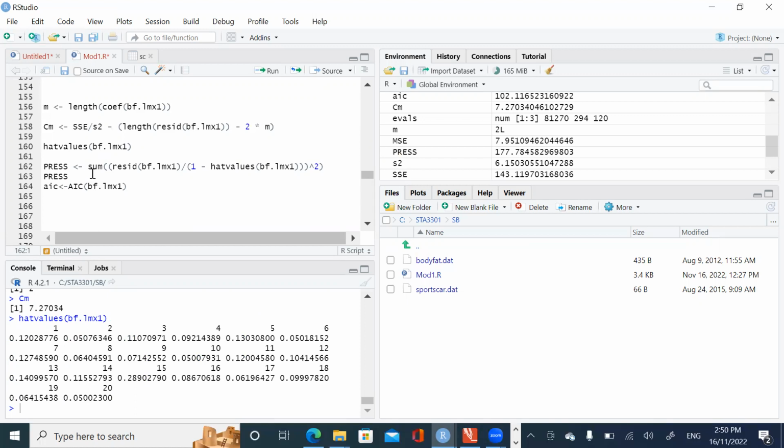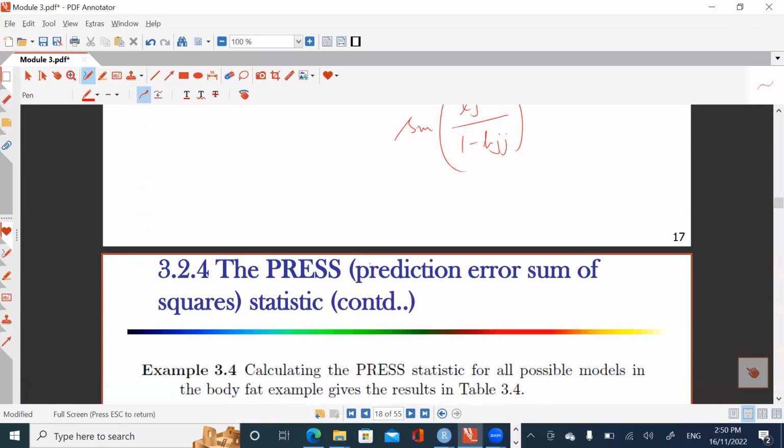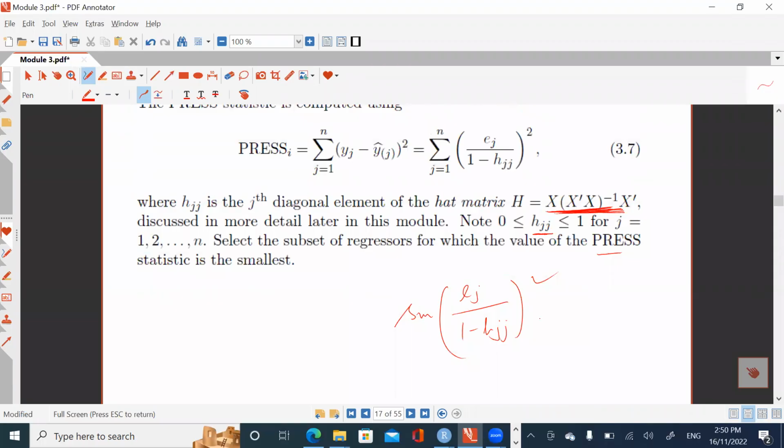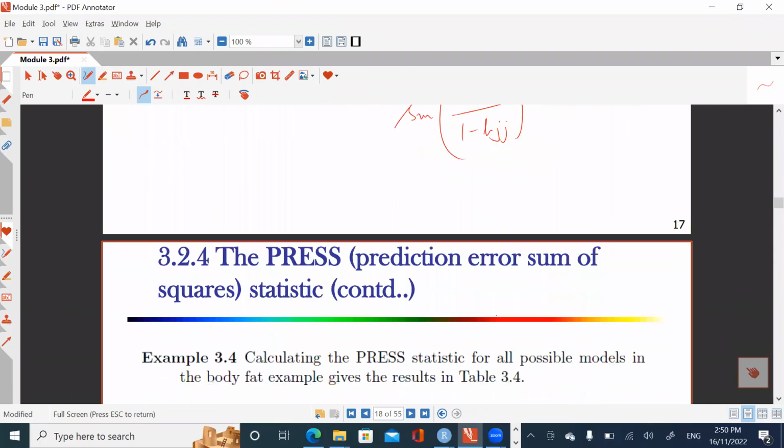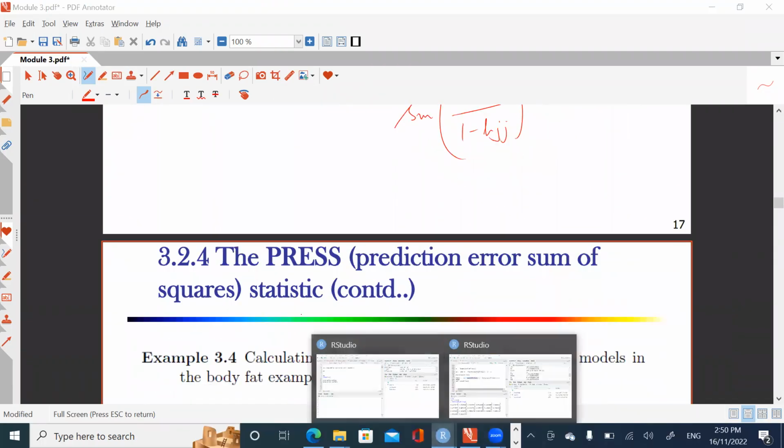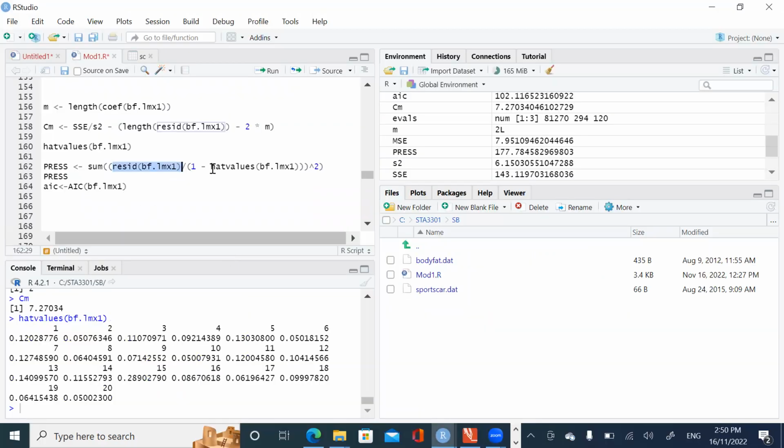So the Peirce statistic, according to the definition, is the sum of residuals, that means EI. So this is our EI divided by, look at the definition, EI divided by 1 minus HJJ. So this is our 1 minus HJJ, where HJJ is the head values of that model.